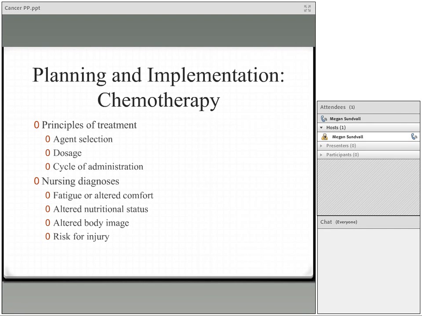Planning and implementation. Treatment is basically dependent on the agent selection, dosage, and cycle of administration. So nursing care, we're going to focus on making sure that they have plenty of fluids on board. So assessing for output, this can include urine, feces, and emesis.